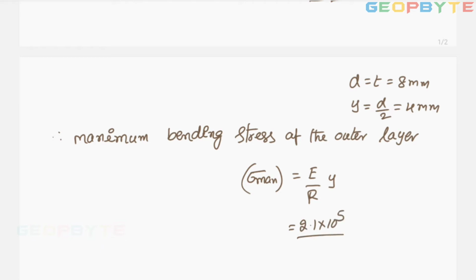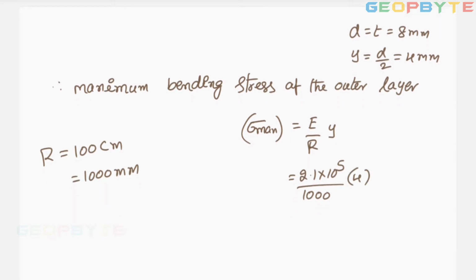The radius of curvature given as 100 centimeters is equal to 1000 mm. Y equals d by 2, which is 4. You simplify this value to get the maximum bending stress at the outermost layer, 840 Newton per millimeter square.